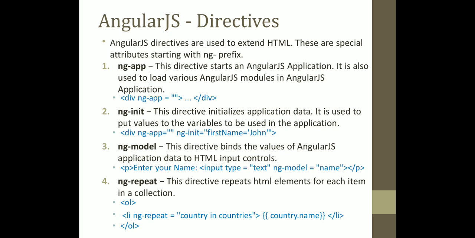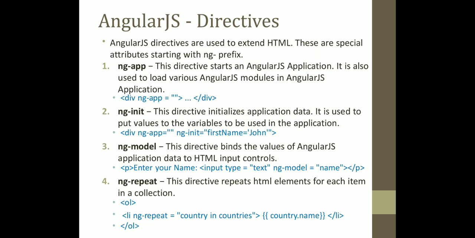So there are basically two types of AngularJS directives. First is built-in directives. The built-in directives are predefined in the framework. We can directly use them to offer functionality to our application. And second is custom directives. The custom directives are self-created directives.